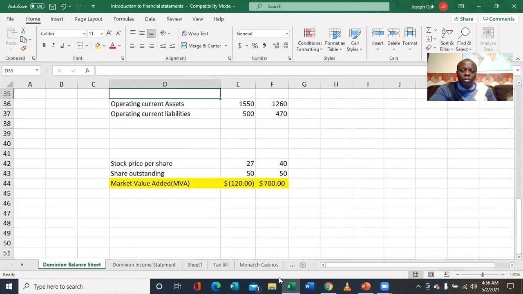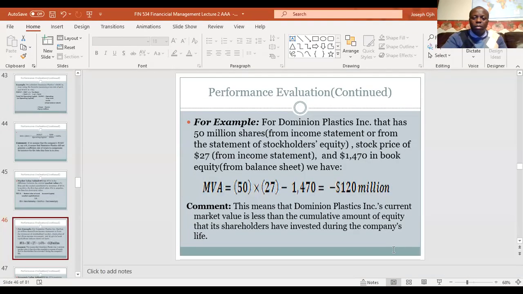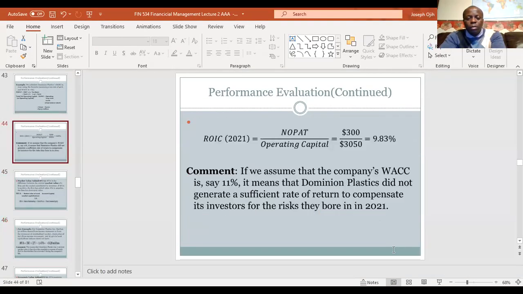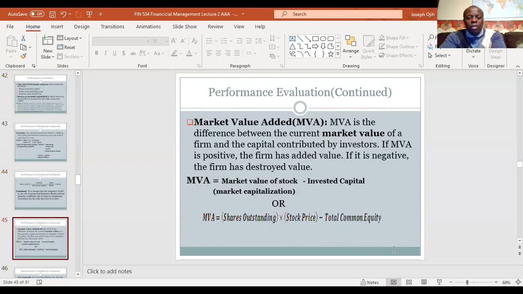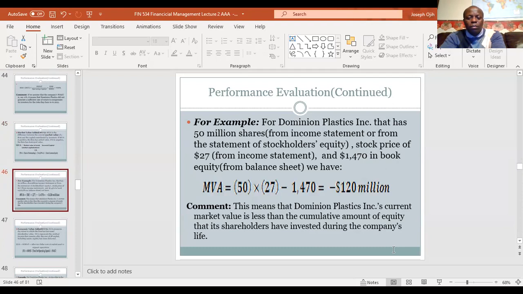Now the last evaluation that we're going to be using is the economic value added. Before that, let us comment on our results here. We have negative 120 million, which means that Dominion Plastics actually destroyed value in 2021.